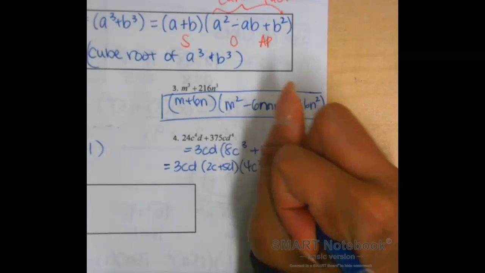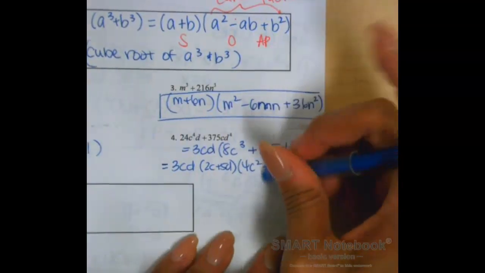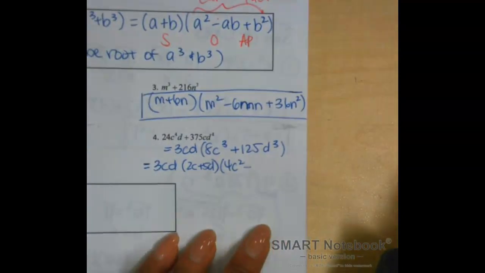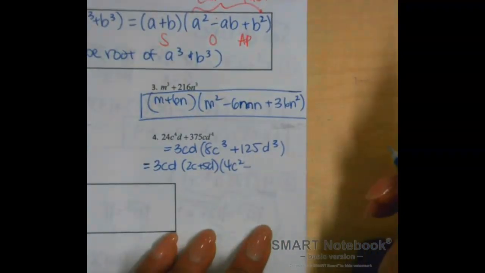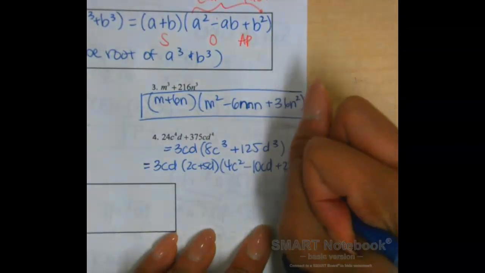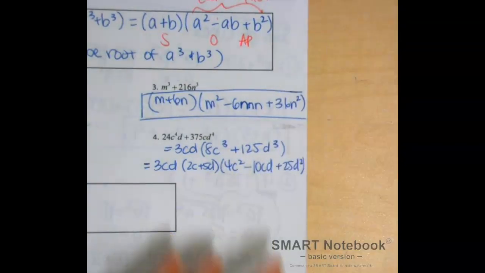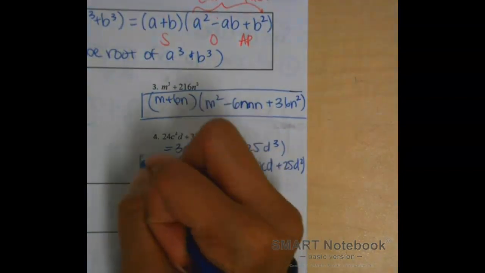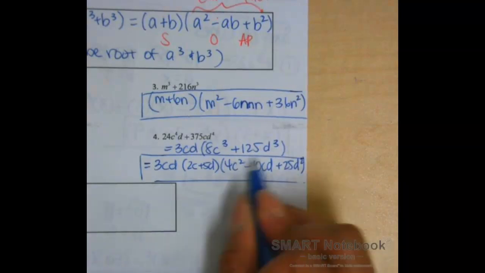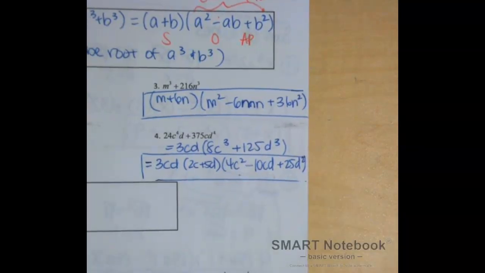Perfect. Wait, minus or plus? Minus the what? And then plus what? Perfect. That's it. This should be your answer. And remember, Melanie, one last question. Can you factor this part here? No, you cannot factor it, guys, so don't try.